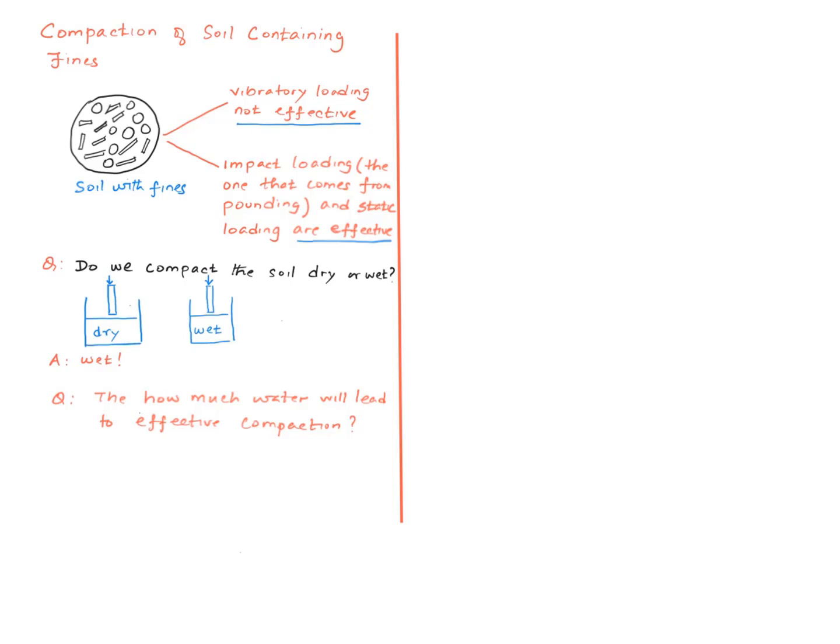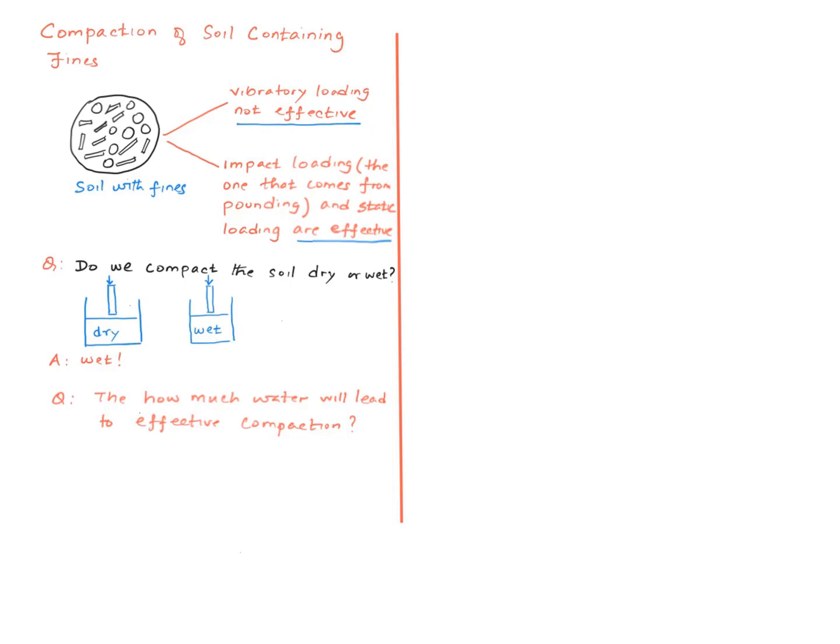So the objective is to bring the particles as close as it is desired, right? Another way of saying that is we want to reduce the void space in the soil. From what we learned earlier in the section on weight-volume relations, we know we can use either the void ratio or the porosity to quantify the void space in the soil.